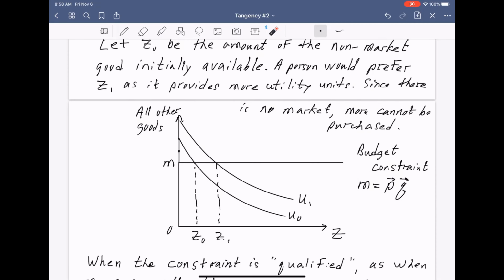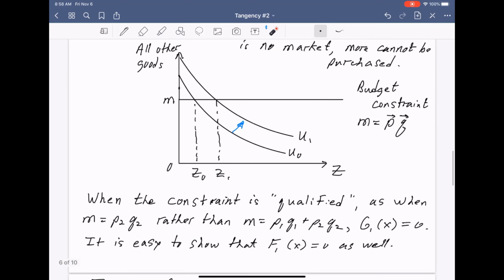So it's very clear that if we're at Z0 and we're offered the opportunity to go to Z1, we'd like to do so because it results in a higher indifference curve. We end up on a higher level of indifference, and that's what we would like. We have more utility units.